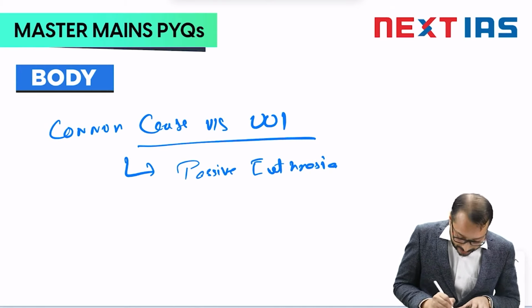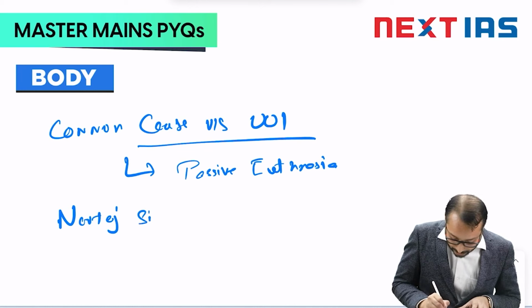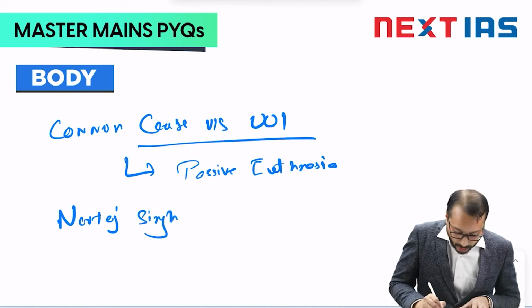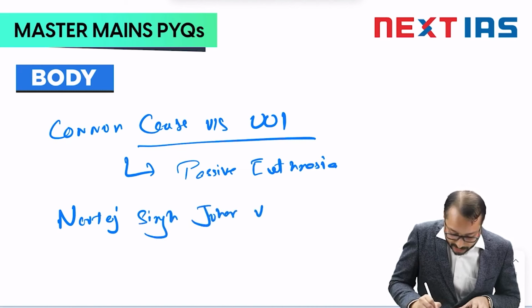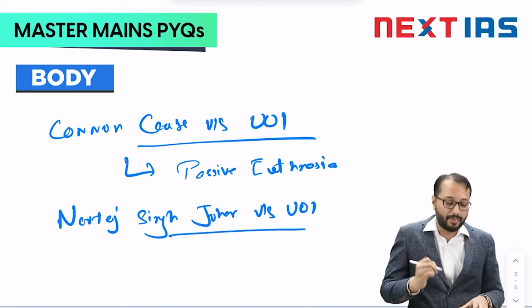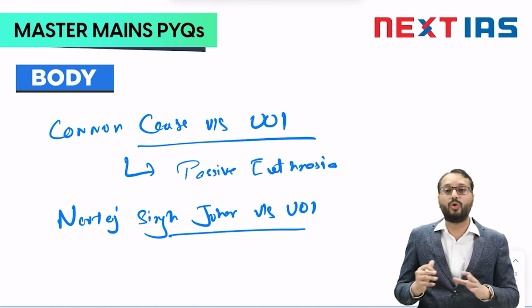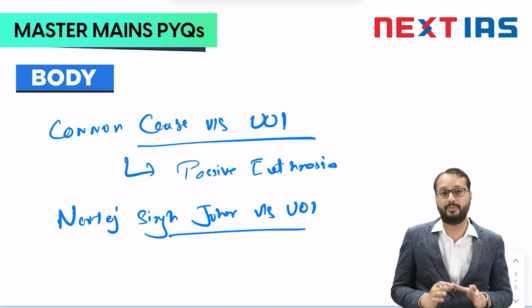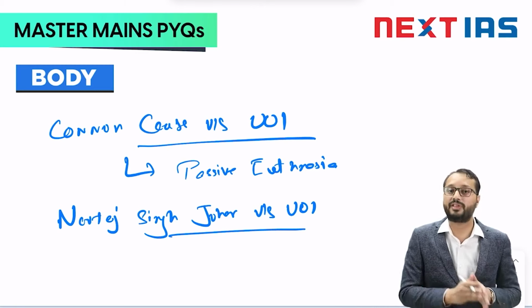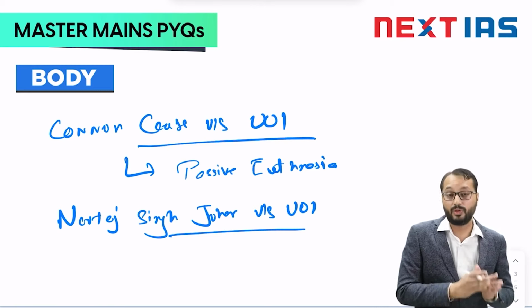The next important judgment that you can quote here is Navtej Singh Johar versus Union of India. This again is a landmark judgment where the court also included the rights and liberties. This judgment followed after the Nalsa judgment and the Puttaswamy judgment.